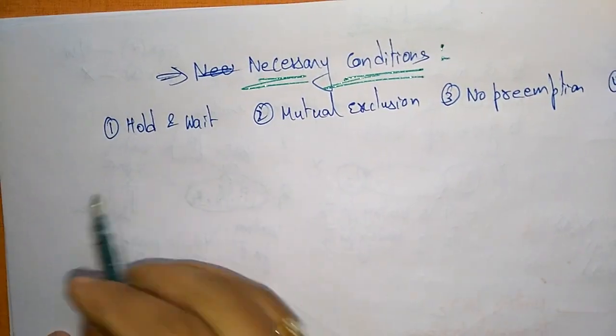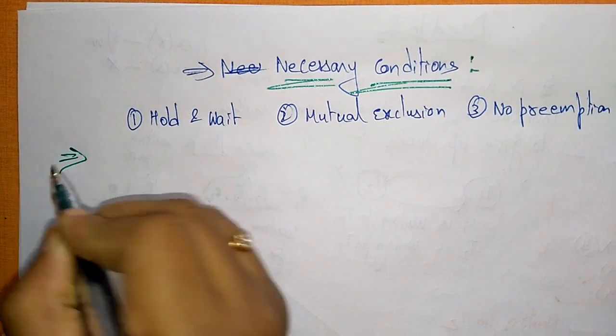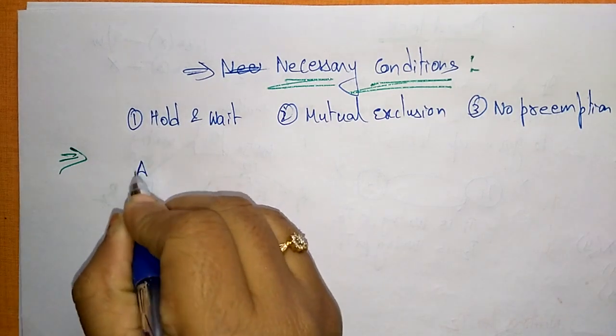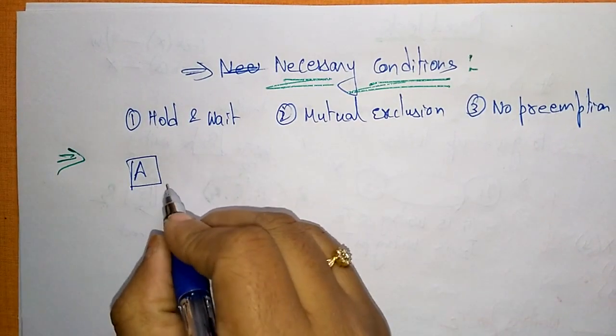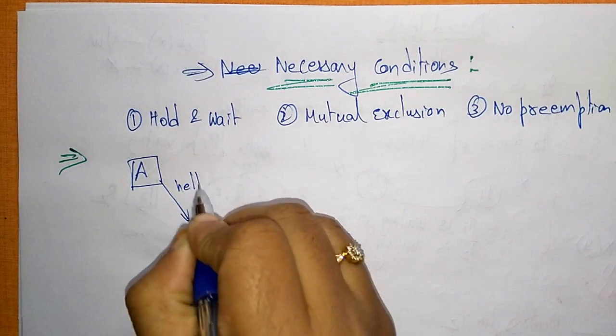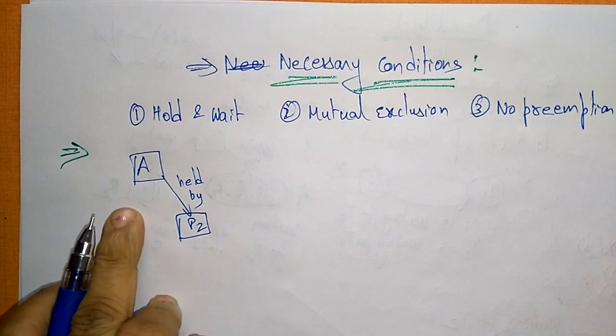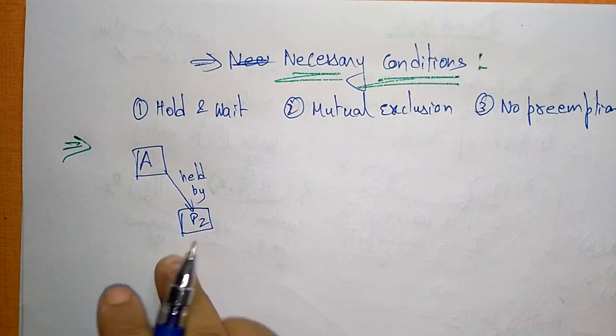So first let us see what is hold and wait. Hold and wait is nothing but a process currently holding resources that were granted earlier can request new resources. How can we say this? Suppose resource A is already held by process P2.